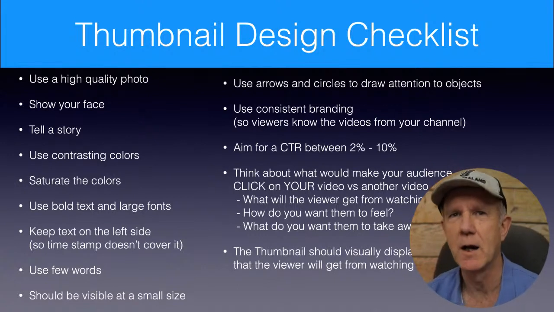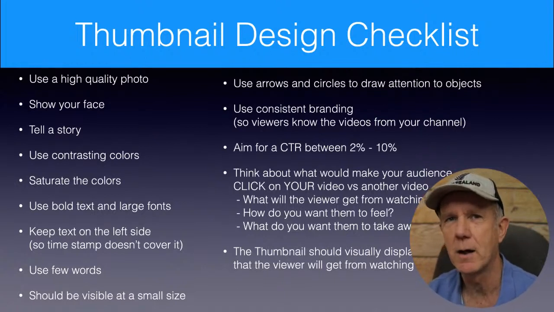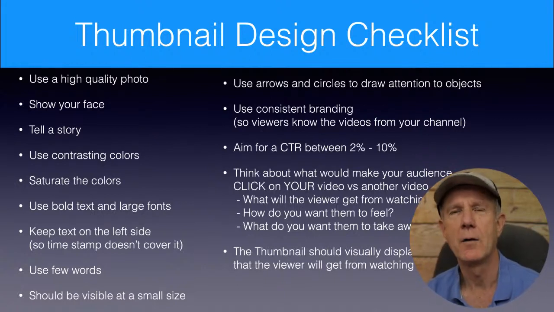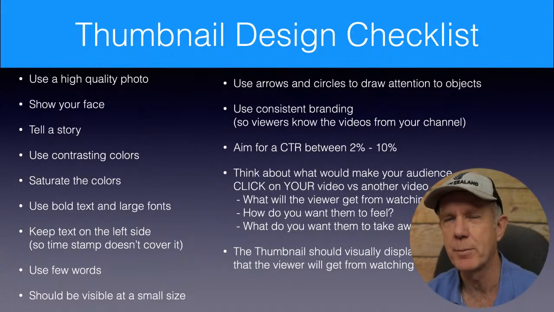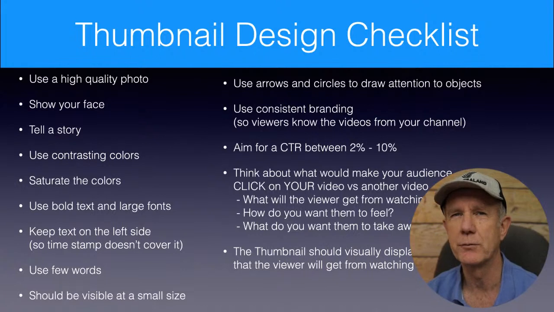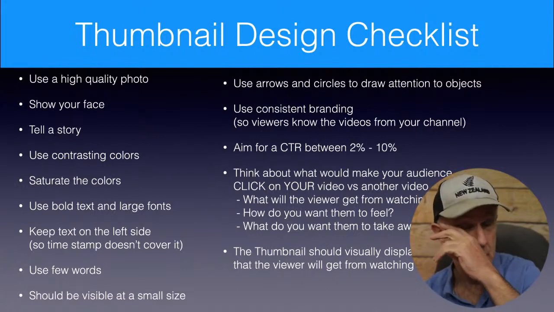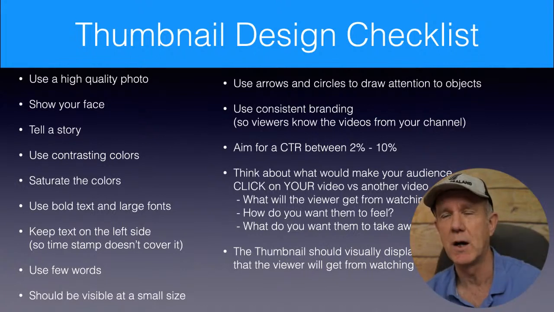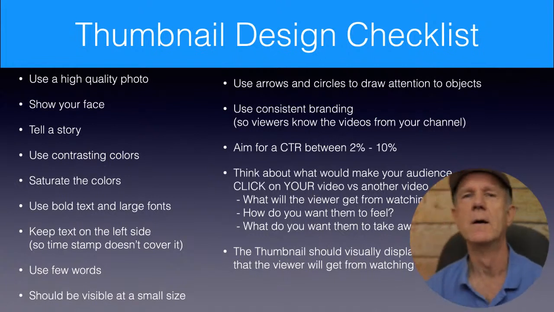So yeah, saturate your colors. If you're using Photoshop, or I use Pixelmator these days, or if you're using Canva, you can sharpen up your images and that helps for it to be seen at a small size. So make sure you use a high resolution. I don't think I put that in there.